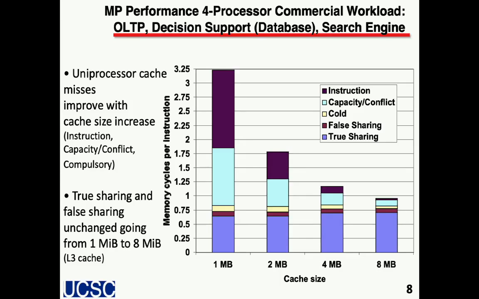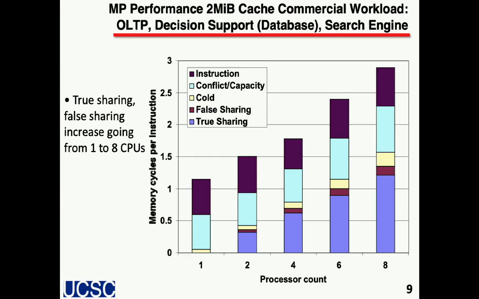And of course, the reason why is that these misses are not due to cache size; they're due to actual communication between these threads, right? With true sharing, we actually intend for data to be communicated, and with false sharing, it's a byproduct of doing coherence on the granularity of a cache line. So let's see this from another angle. Now we're going to scale this workload up, and it's the same types for these bars.